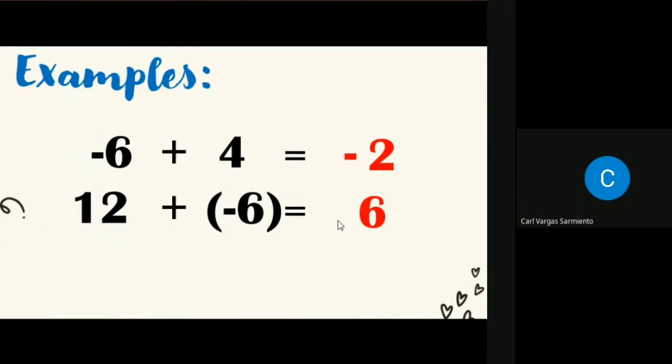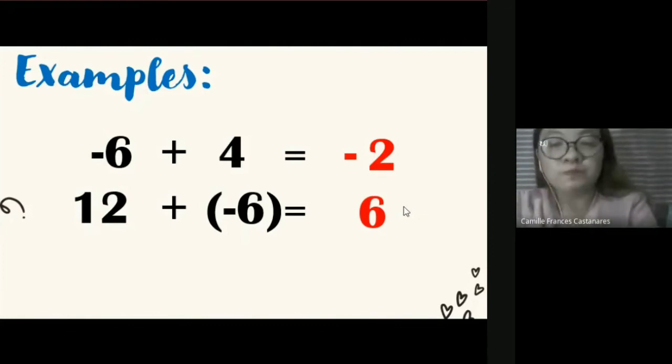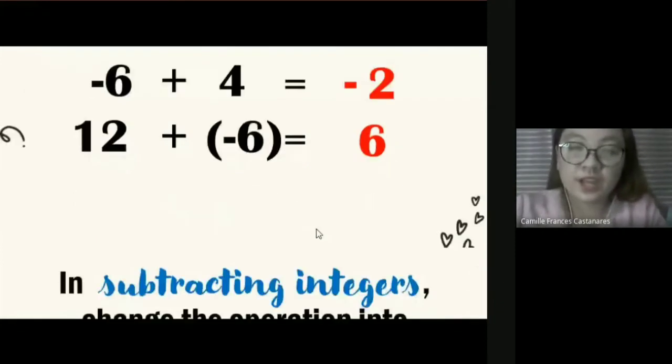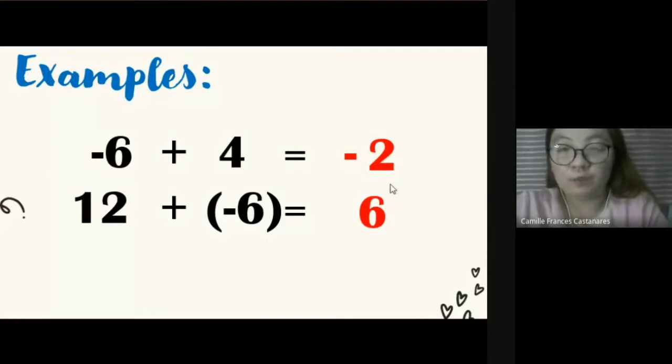I mean the 12. Okay, the 12. So the bigger number between 12 and 6 is 12, and the sign of 12 is positive. Very good. Again, even if we don't write the positive sign, that's okay. But when the answer is negative, you have to write it.